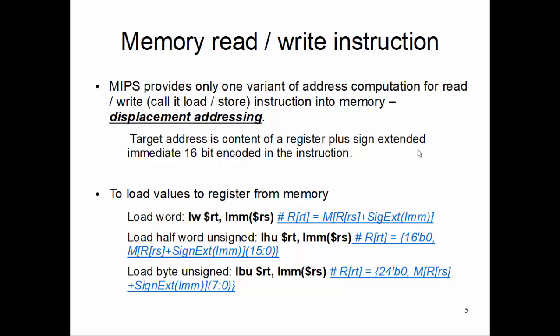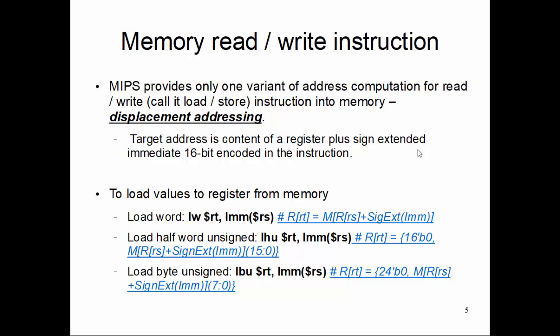One such variation is called displacement addressing. What is meant by that? It starts with a base address and then you do some arithmetic manipulation on that address value, like adding an offset. It's not always adding; if it is a negative offset, it is subtracting.